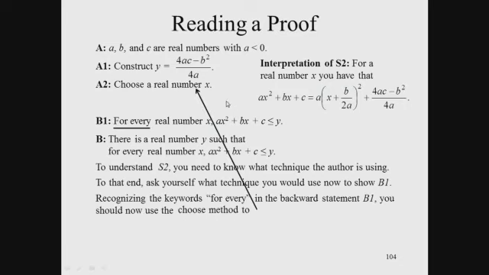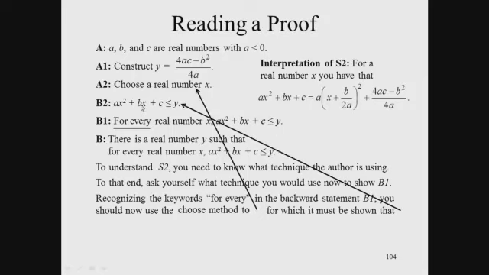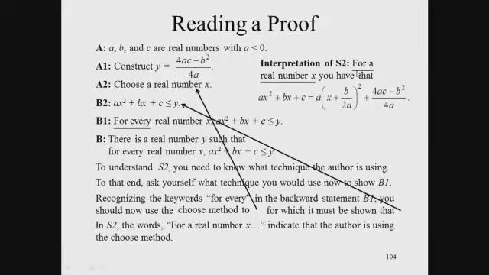A real number x. And when you choose a real number x, that becomes information in the forward process, for which you have to show that the something happens. In this case, ax squared plus bx plus c less than or equal to y. This becomes your new statement in the backward process. If you look at S2, this is exactly what the author has done.